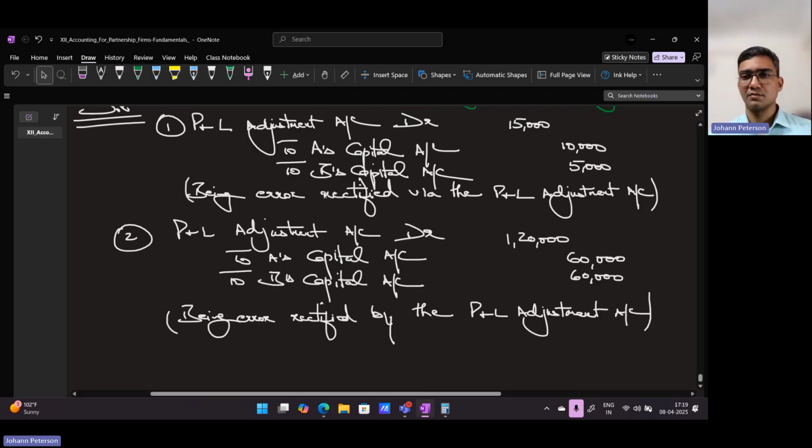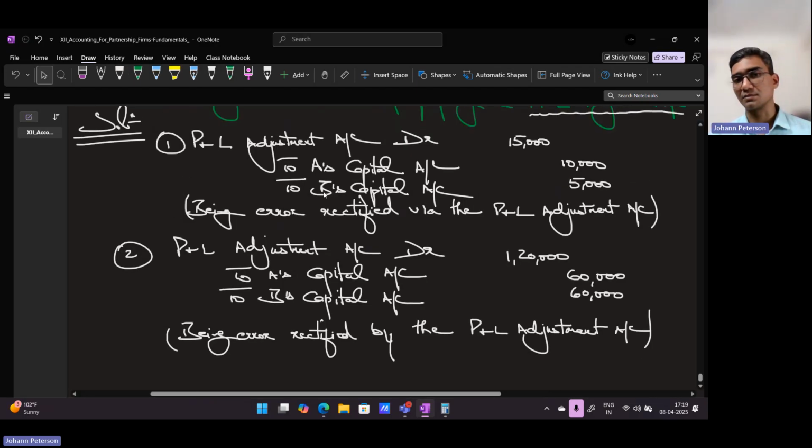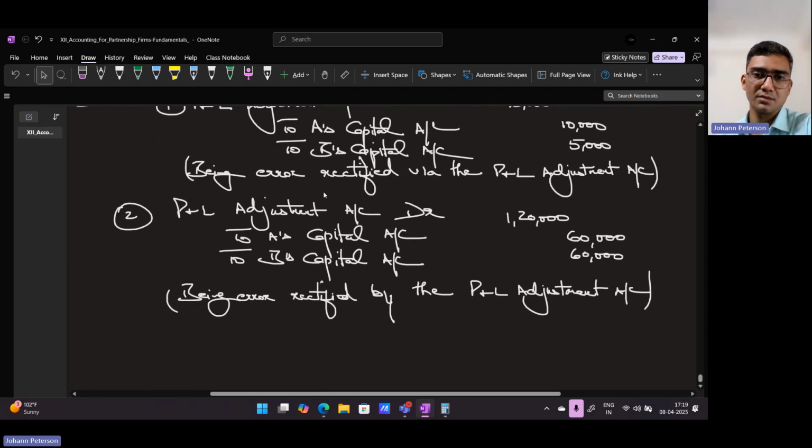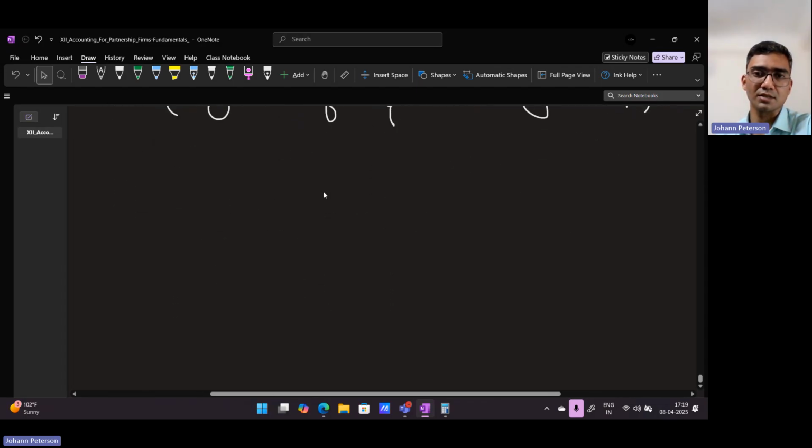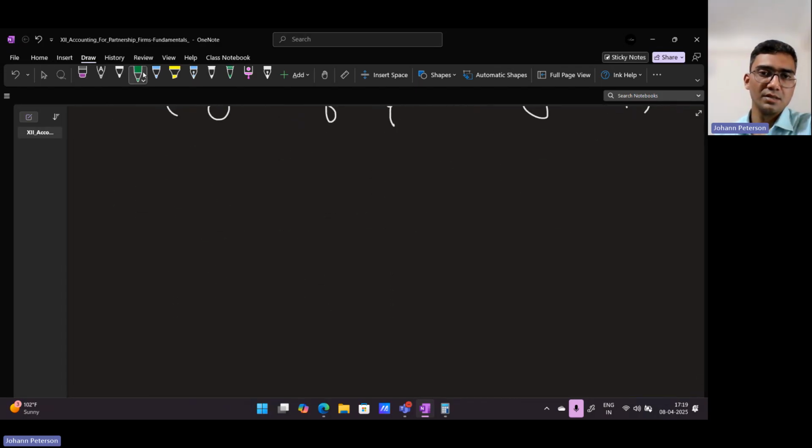Now, what happens with all this? We have given something, and this is shown in a P&L adjustment account. So in order to know how to close this account, let's look at this account by making it. We make a P&L adjustment account. It has two sides again.